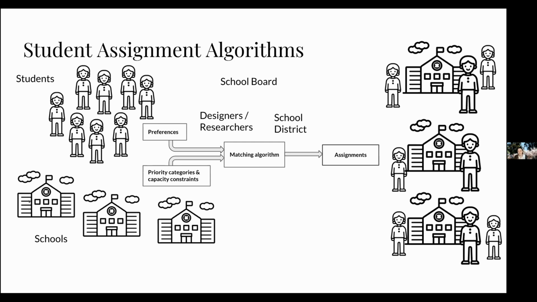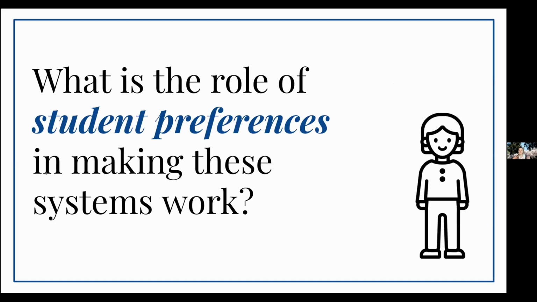But in only 15 minutes or so, we're only going to get to talk about a tiny part of this system. And so I decided to focus in on the part of the system that families interact with the most. And so that is student preferences. In particular, we're going to look at what is the role of student preferences in making these student assignment algorithms do what the district wants them to do, so make them work.